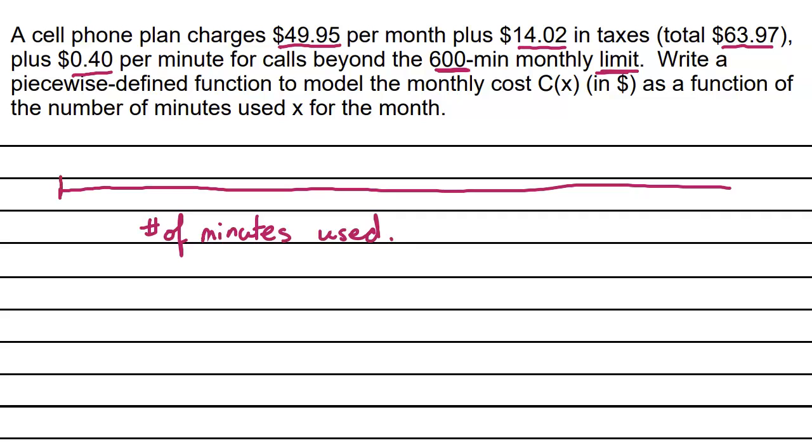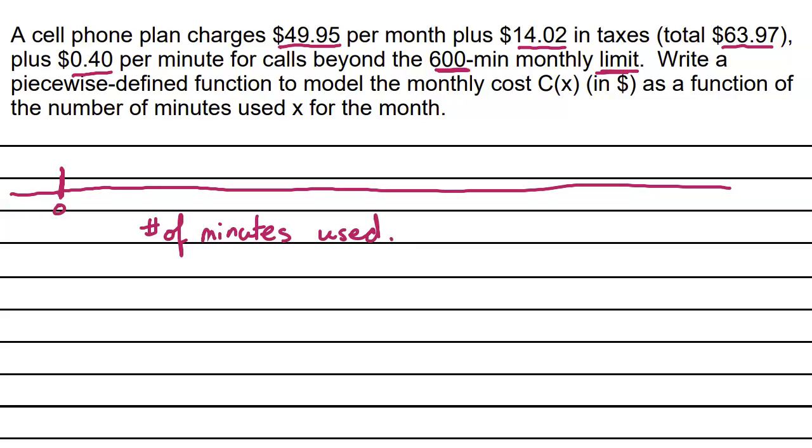So here's 0. And I'm putting a line at 0 because that's the minimum number of minutes that we can use. Can we use a negative amount of minutes? -1, -2? Well, not really.